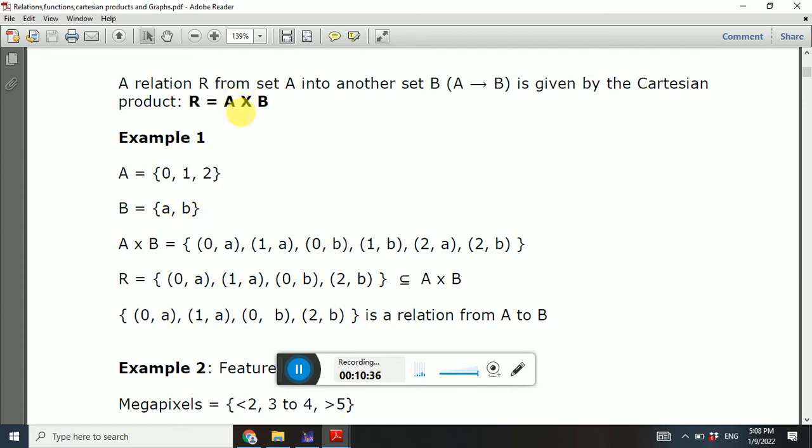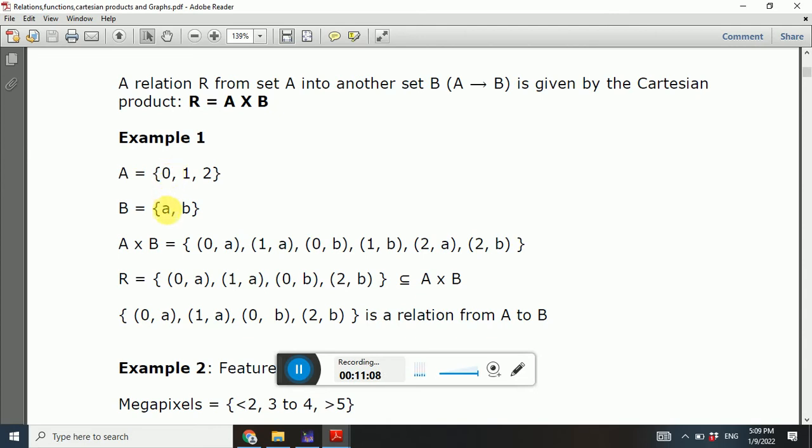So how do you find the Cartesian product of this? To find the Cartesian product, as I said, it's a matter of pairing two elements. But you must make sure that what you're pairing is coming from different sets. The easiest way would be to get each element in set A and pair it with each of the elements in B. Okay? So let's begin with 0.